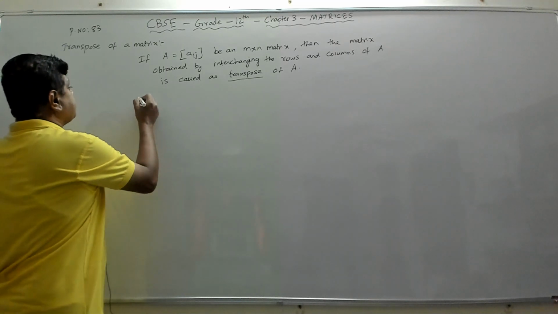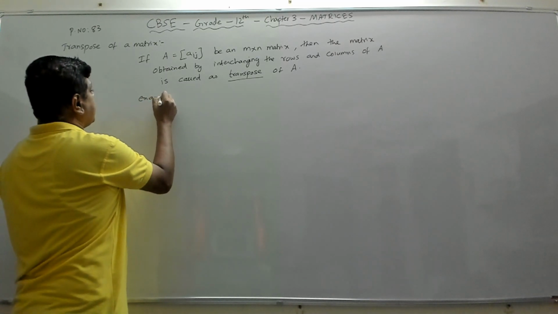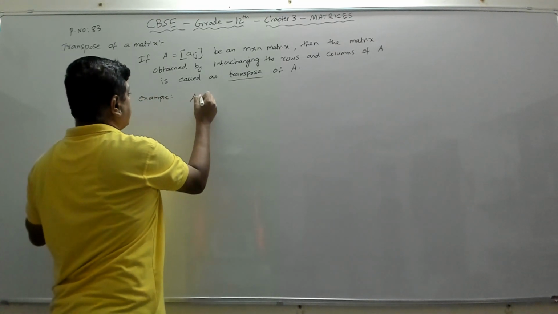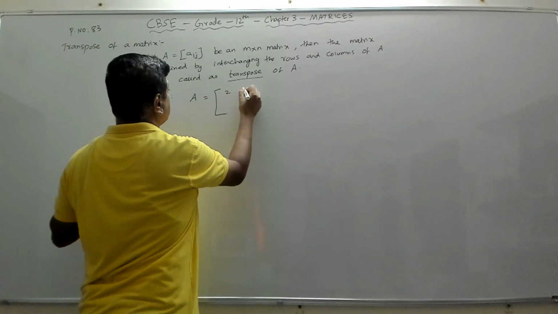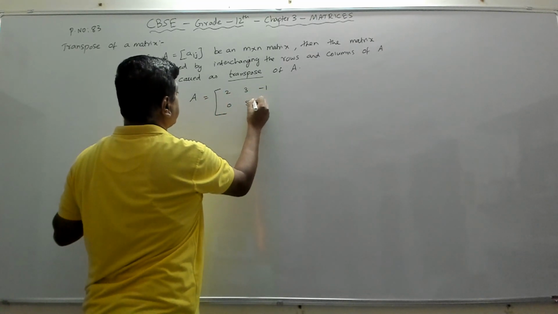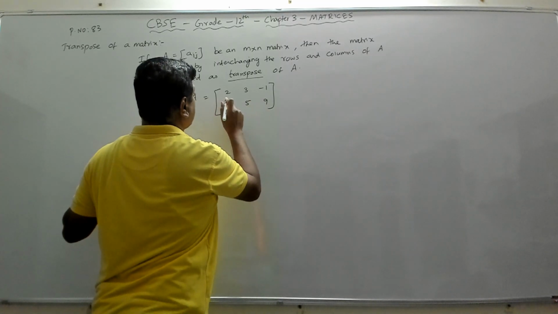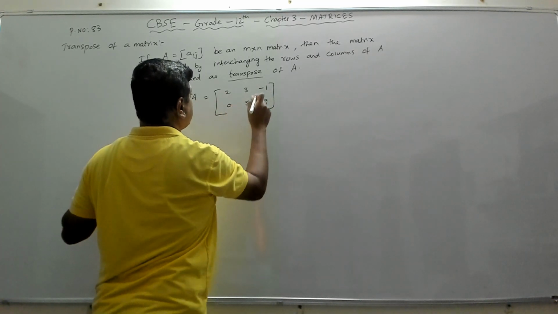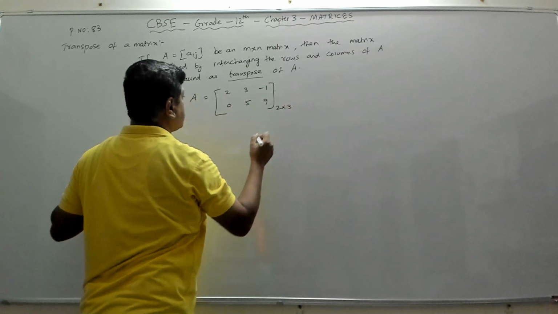For example, suppose A is the matrix 2, 3, minus 1, 0, 5, 9. How many rows? 2 rows and 3 columns, so it's a 2 cross 3 matrix.